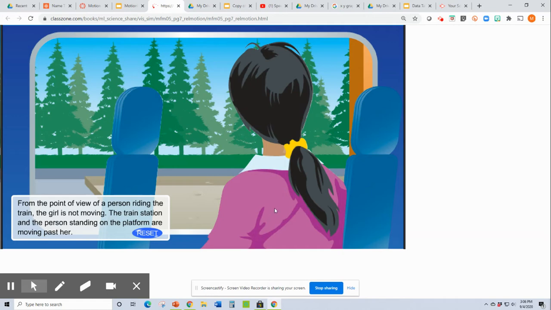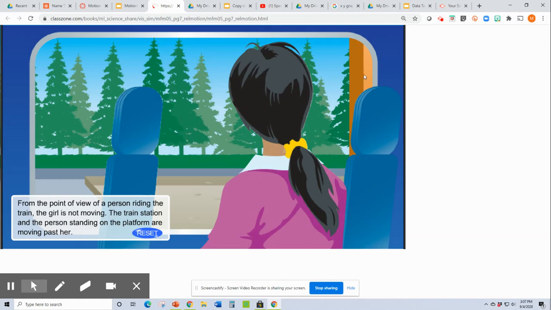I'm not moving away from her. The distance between me and this young lady is not changing. So now, from the point of view of a person riding the train right here sitting beside her, she's not moving. But now the distance between me and the guy on the platform did change. And so now I would say the train station and the person standing on the platform are in motion.